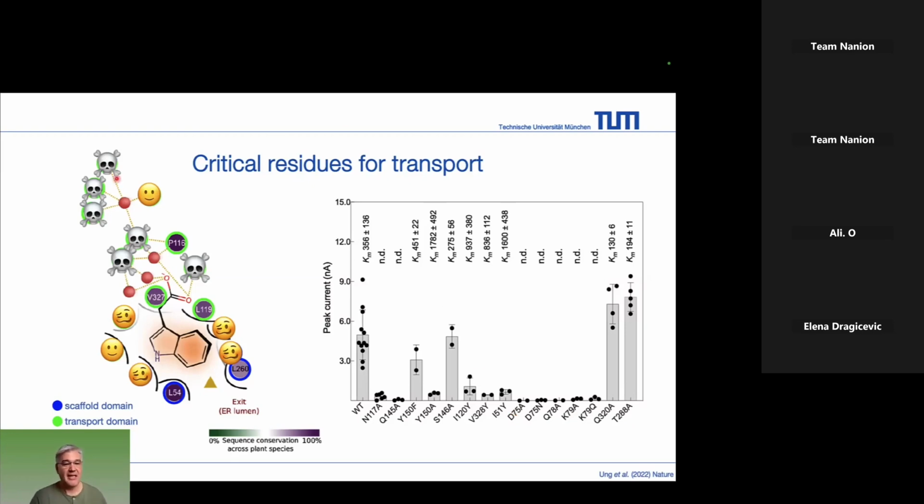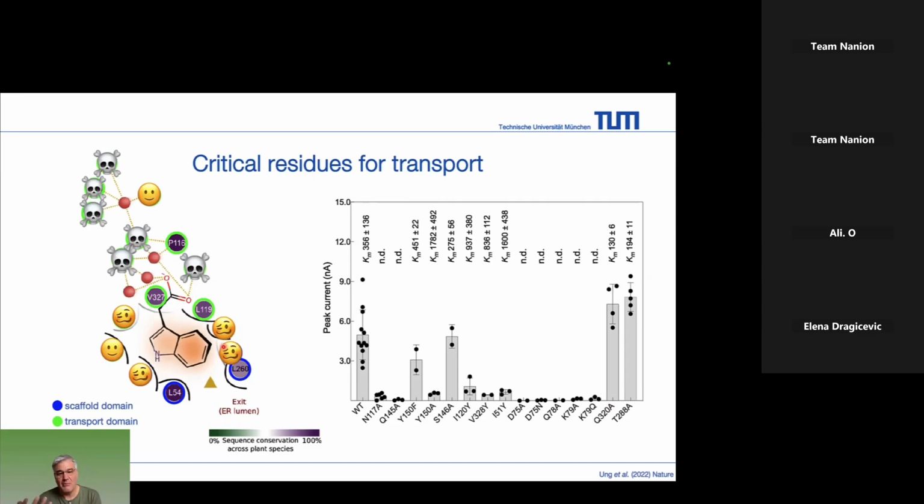And it turns out that when you touch the pseudosymmetrical support site that influences the transport mechanism, you kill the protein dead. However, when you look at the residues that are outlining the substrate binding pocket, what you find is that this is pretty much forgiving. I mean, you can reduce affinity. Some mutations even don't have an effect. But nevertheless, mutations in this section are quite forgiving.